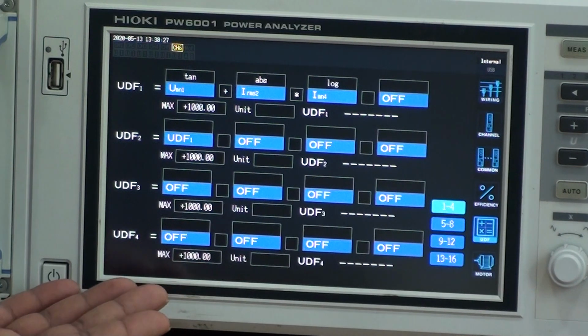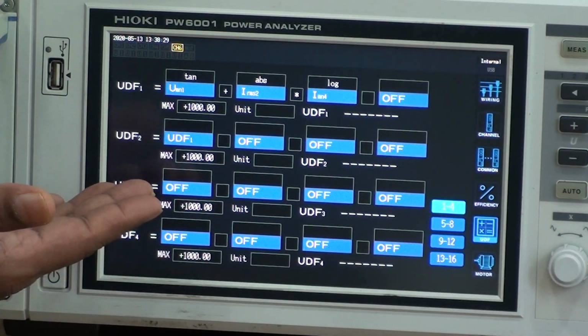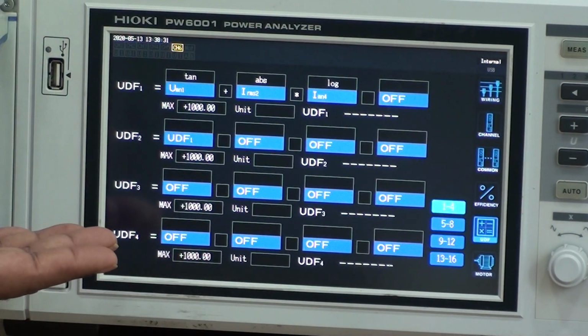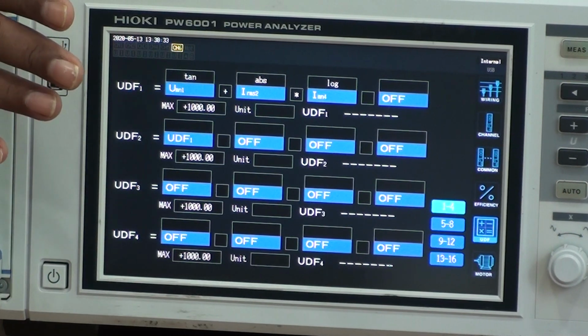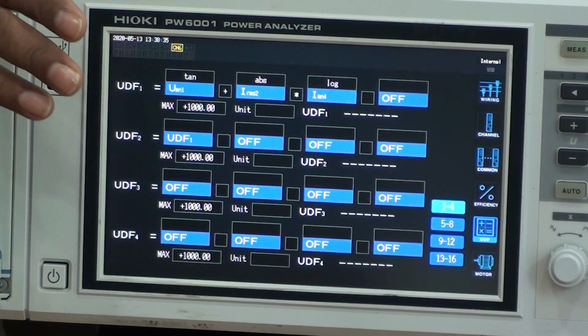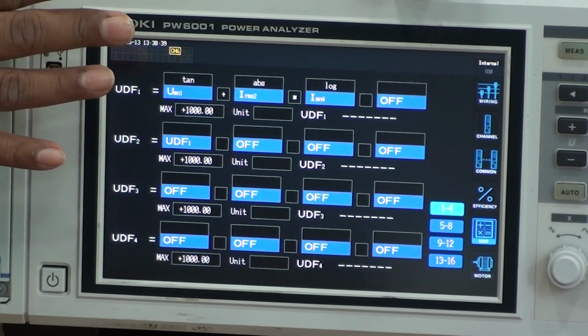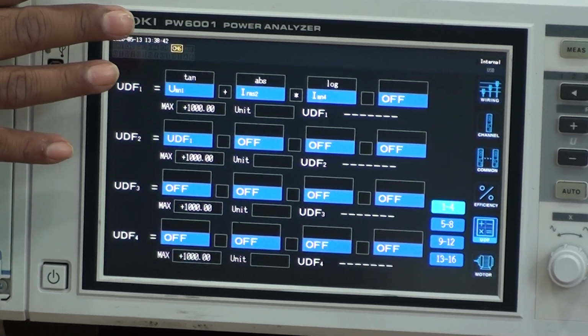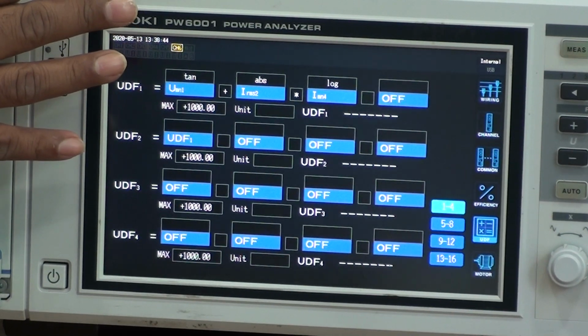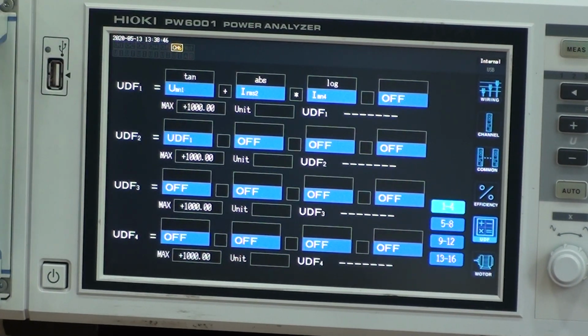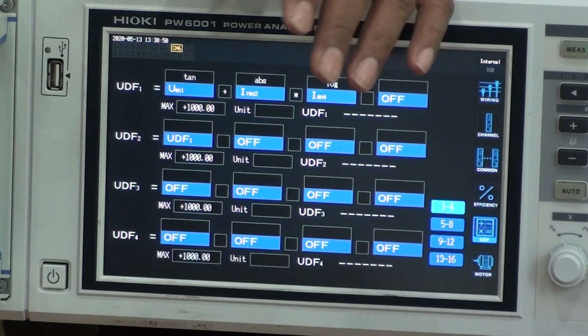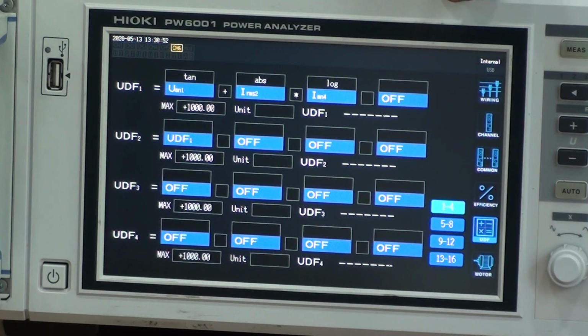Similarly, you have a user-defined function. The instrument employs real-time user-defined functions where you could input your formula, and the formulas that you input are automatically taken into account with the existing parameters that it measures, and these parameters are in turn used for calculations such as absolute values or power values of your own methodology.